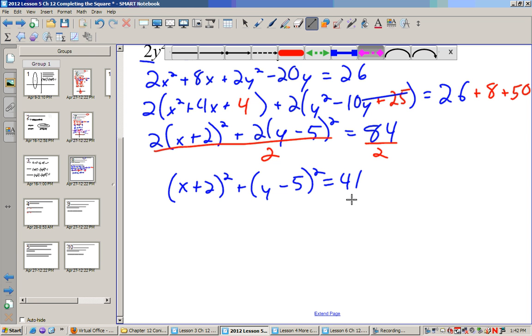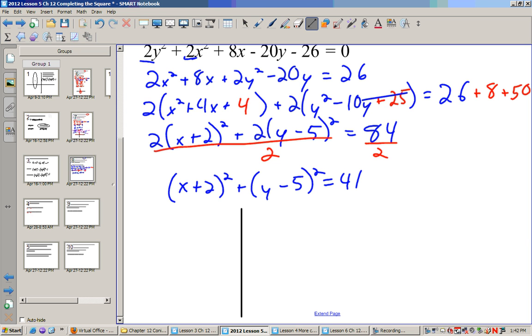Alright, now r squared is equal to 41, so my r is going to be the square root of 41. Well, first let's find the center. The center is at negative 2, 5. So I move to the left 2, up 5. And that's my center. Maybe I should pull this graph down a little bit.